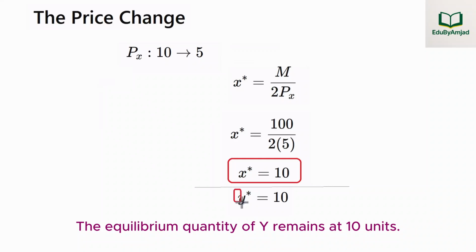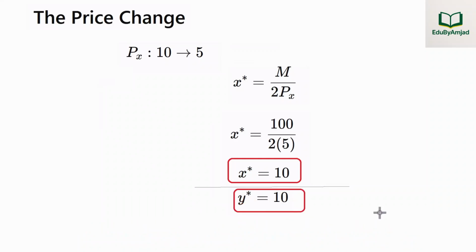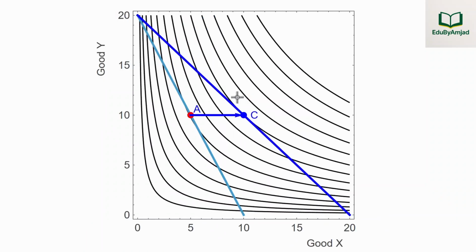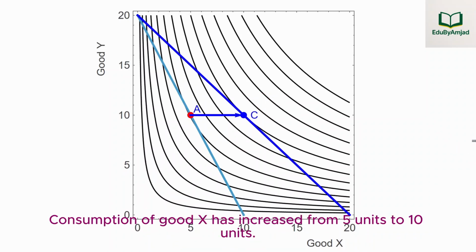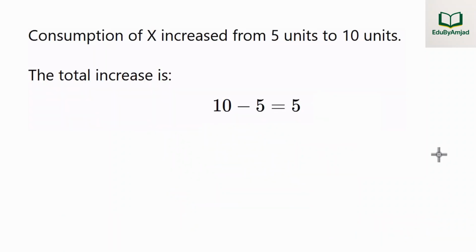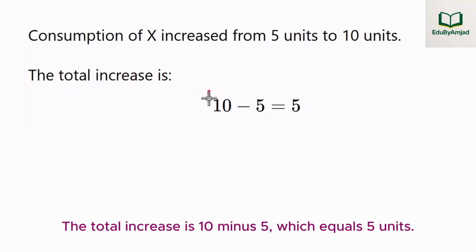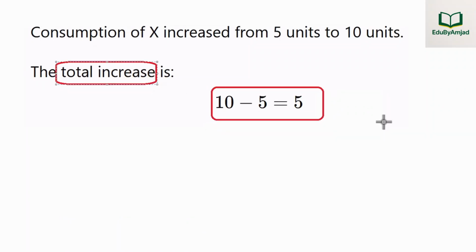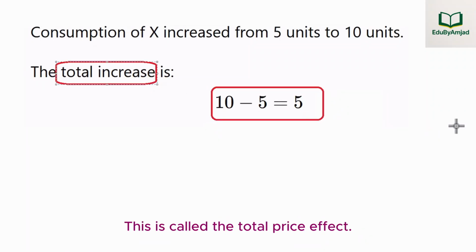The equilibrium quantity of Y remains at 10 units. The new equilibrium is point C. Consumption of good X has increased from 5 units to 10 units. The total increase is 10 minus 5, which equals 5 units. This is called the total price effect.